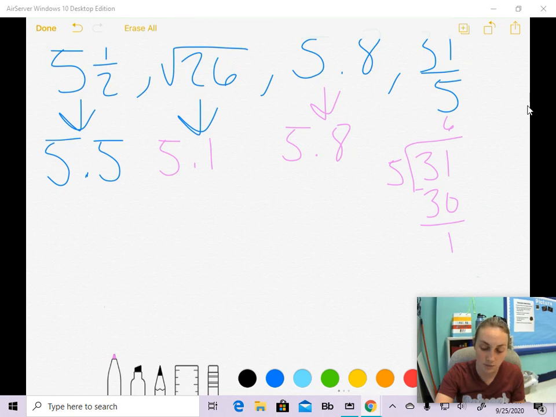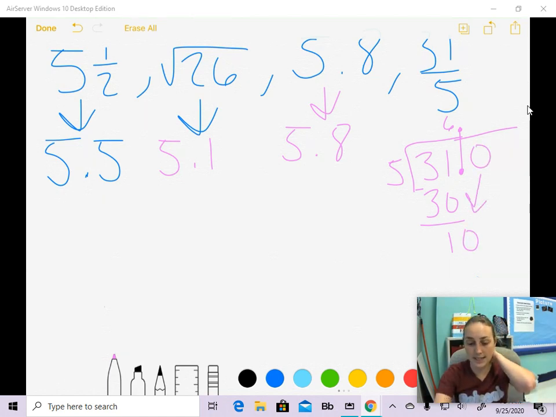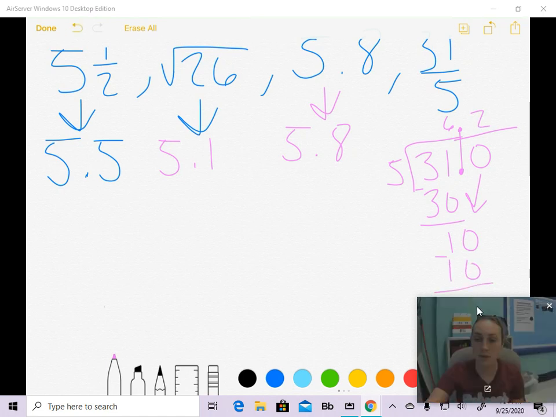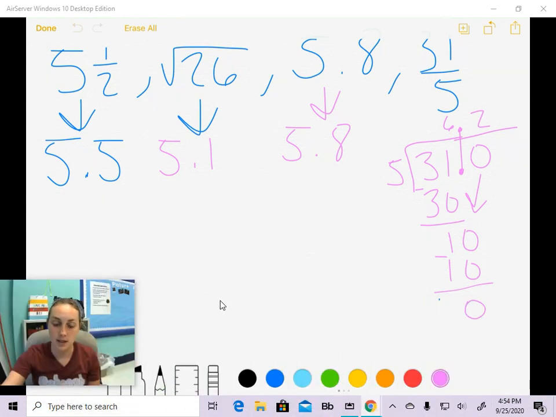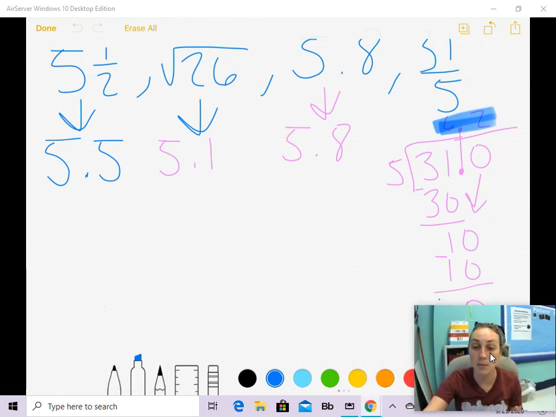We have to keep going, so we add this little decimal, bring that to the top, expand this, add a 0, and bring the 0 down. 5 goes into 10 2 times. 2 times 5 is 10, so that is going to be it for us. So 31 over 5 is going to equal 6 and 2/10.